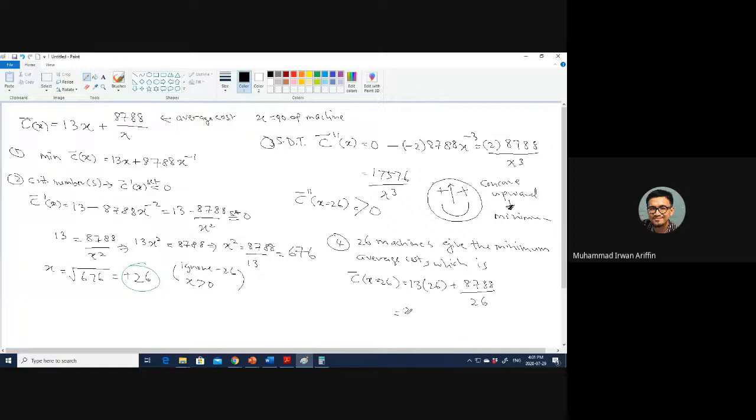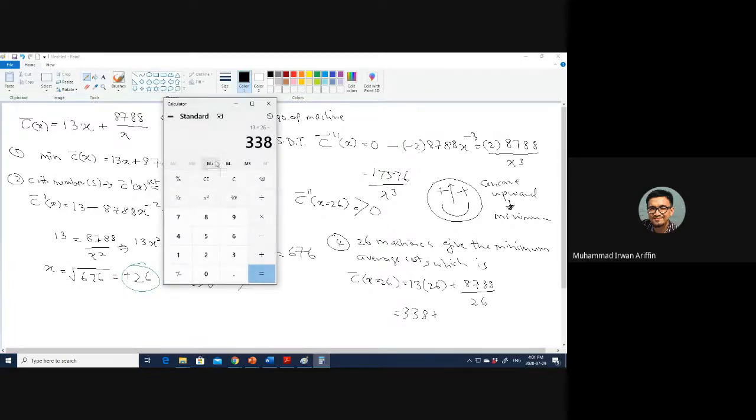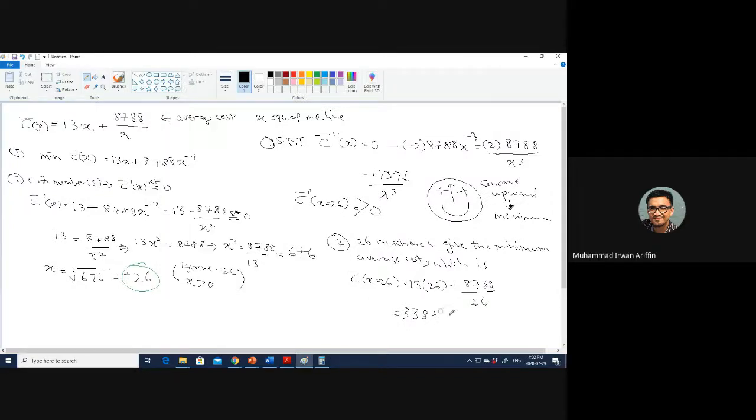So 338 plus 8788 divided by 26, which is 338 as well. So 338 plus 338 would give us 676. So $676 would be the minimum average cost when we use 26 machines.